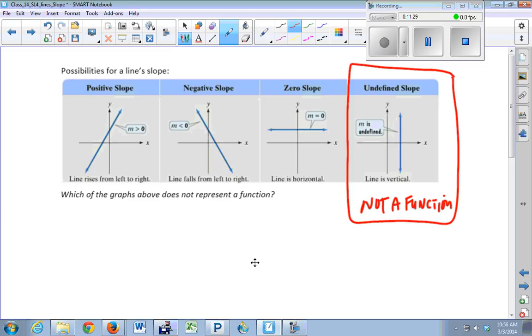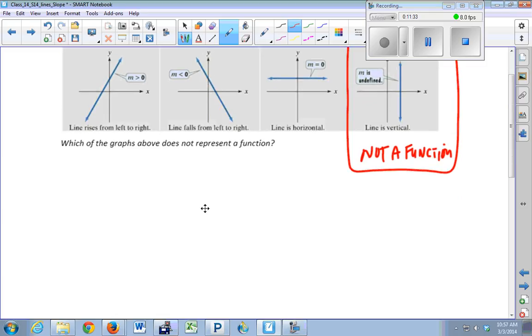All right. Now we're about to explore in the next 20 minutes 3 forms of a line, 3 equations for a line. Okay? So one of the equations we're going to look at for a line looks like this. And it's called the point slope form of a line.